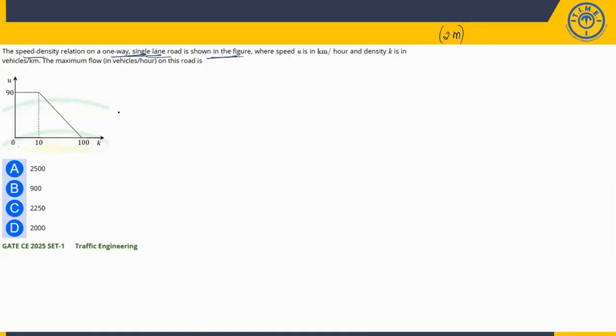So identify the value of u, identify the relation and tell me the slope, and establish a relation between u and k first. From that we will find q. U and V both are the same, my dear students. Speed in kilometer per hour.